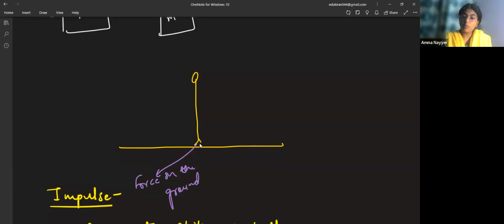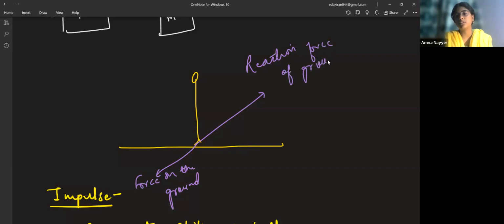So the ground also applies a force to you, which is known as the reaction force of ground. We call it heel strike when you place the foot on the ground. So when you heel strike, force on the ground is exerted.